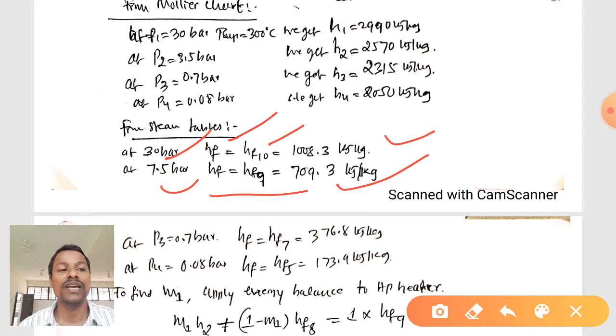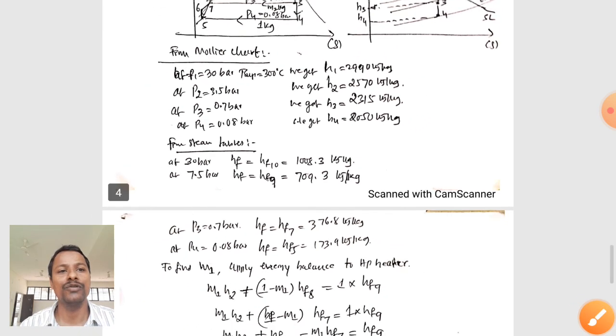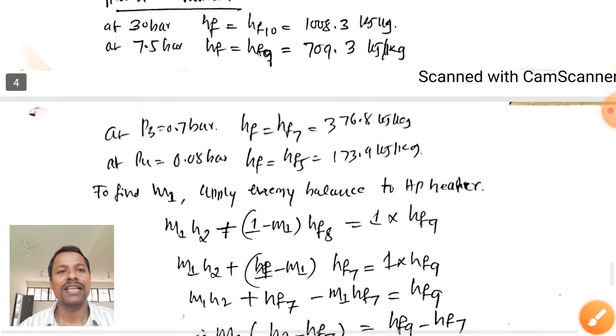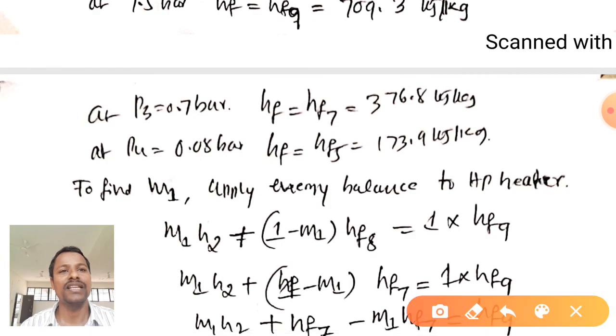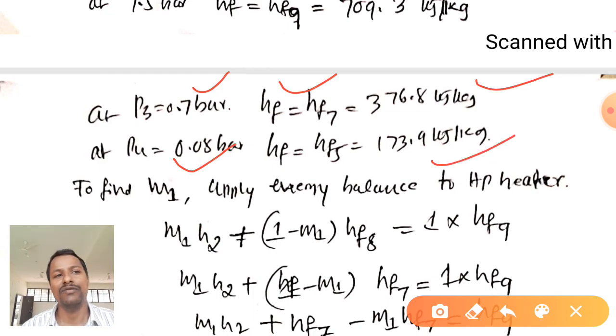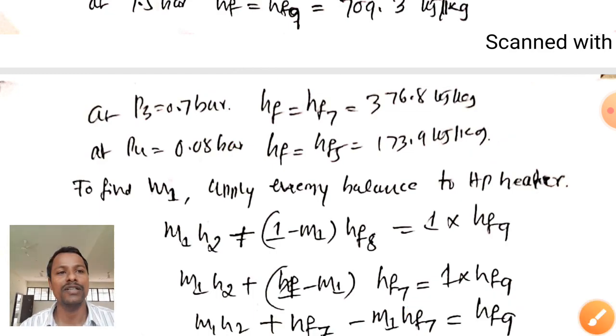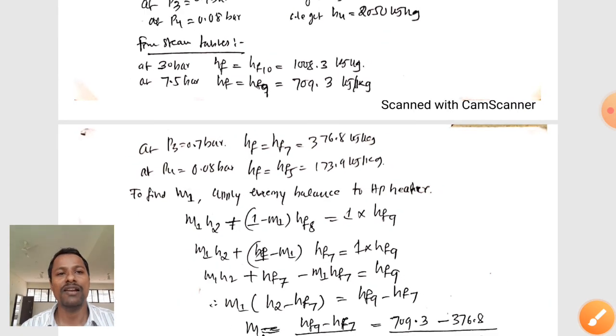It is time consuming to open the steam table and show it to you, so please refer to that. Then at P3 equal to 0.7 bar we have the HF value, and at 0.08 bar we have the HF value as 173.9. All these values are useful for further calculation.